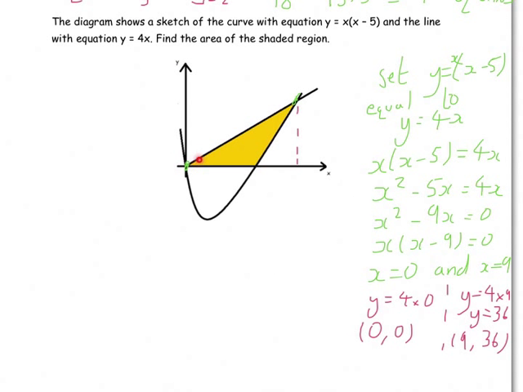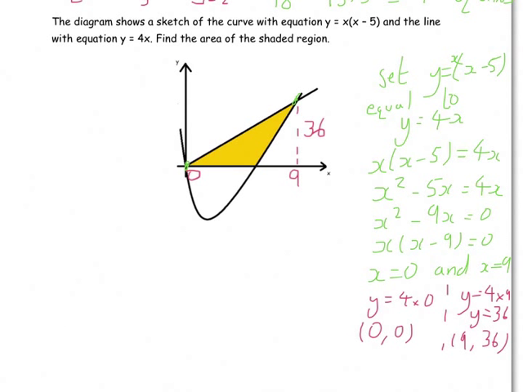if I just draw on that line I've just drawn, we form a right angle triangle, where we know that distance there because we've just found it, because that's 0 and that's 9. So we know that the base length there is going to be 9, and we know the height because we've also just found it, it's 36.